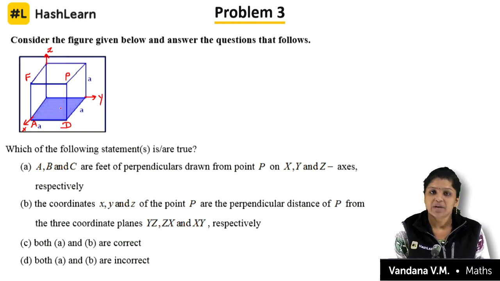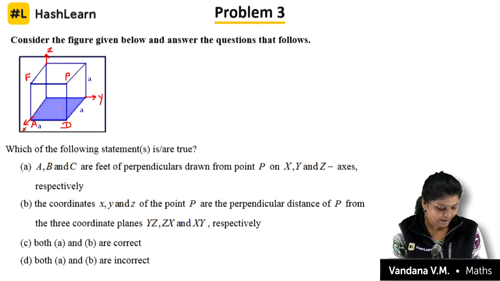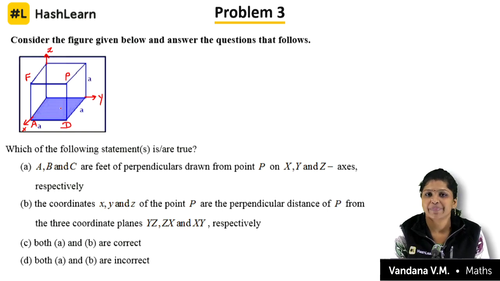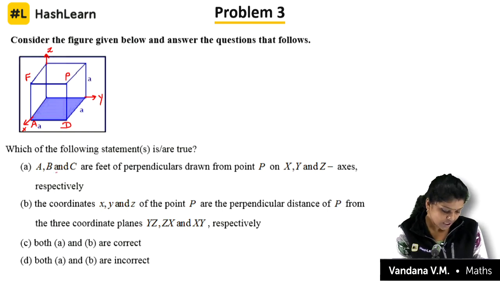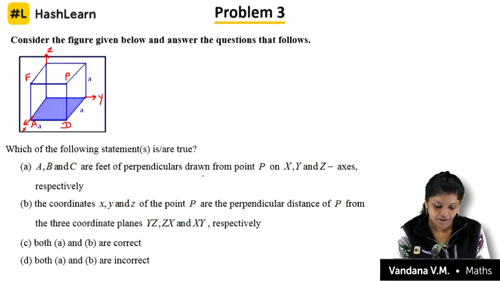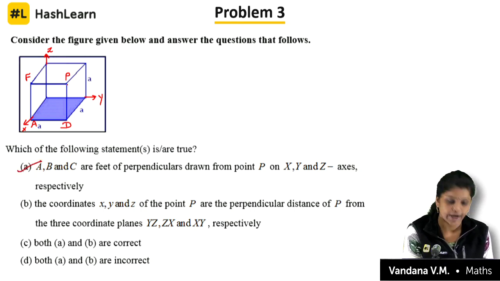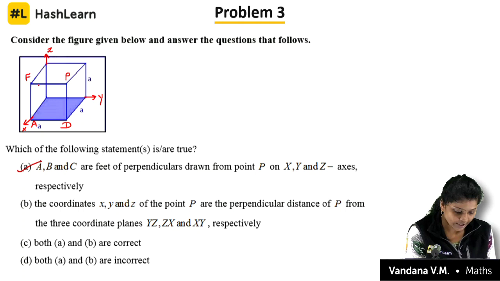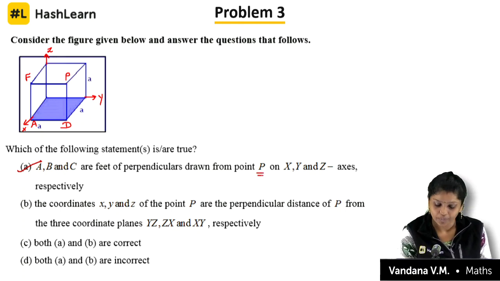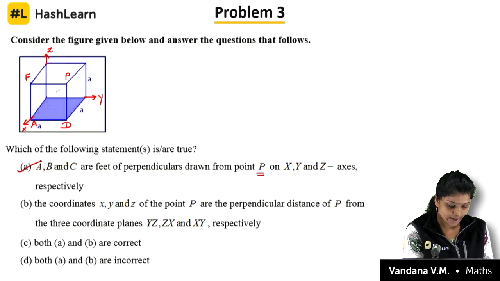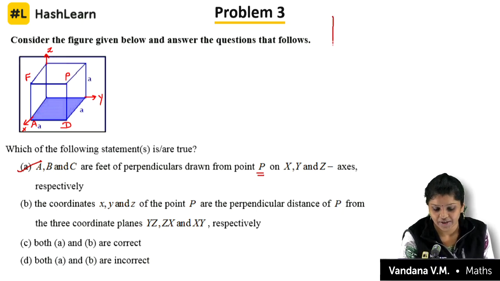Okay. Now again consider the same diagram. Which of the following statements are correct? A, B, C are feet of perpendiculars drawn from P on the x, y and z axes. I told you already. Here is what is happening with the point P. If you draw perpendiculars, how will you represent a point?